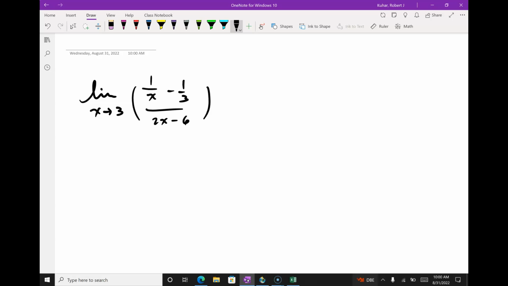Because if I plug in and it works, I'm done, right? So it's going to get 1/3 minus 1/3, that's 0, and 2 times 3 is 6 minus 6, that's 0. Indeterminate form, right? So we know we want to come up with a replacement function. I like doing this so I don't have to keep writing limit. I'm just going to work on star. Star is what I'm calling this function.